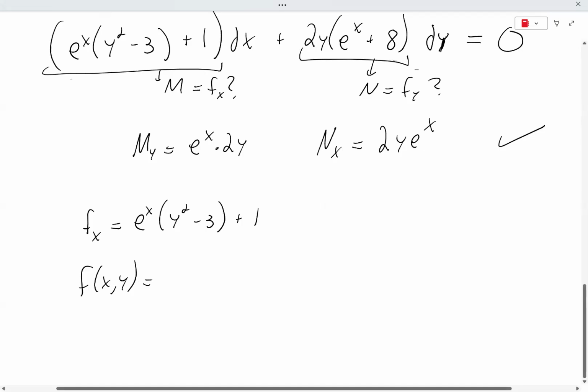I'll write the constant first: y squared minus 3 e to the x plus x. Anything there so far? And then also, I forgot, plus possibly some function of y, like that.